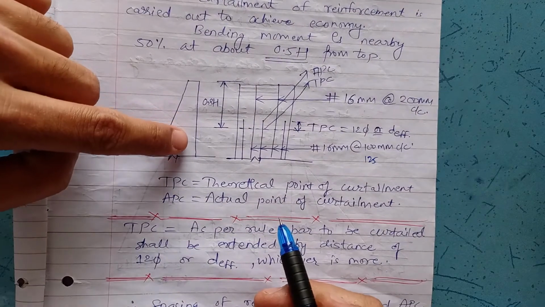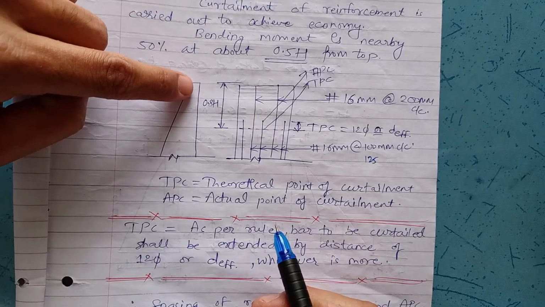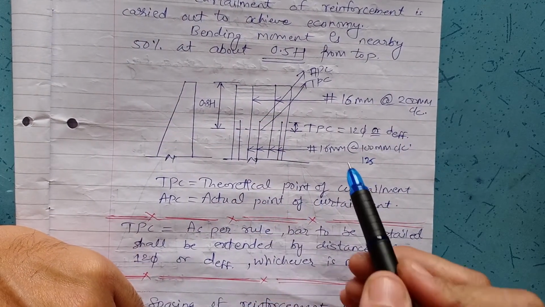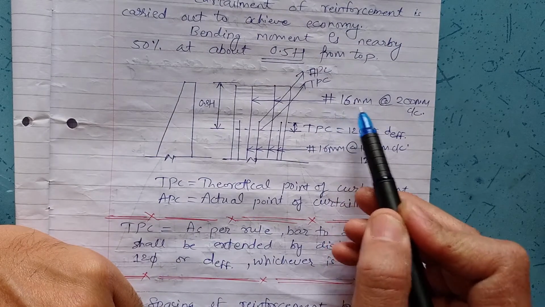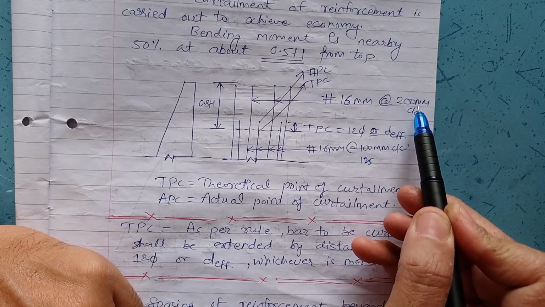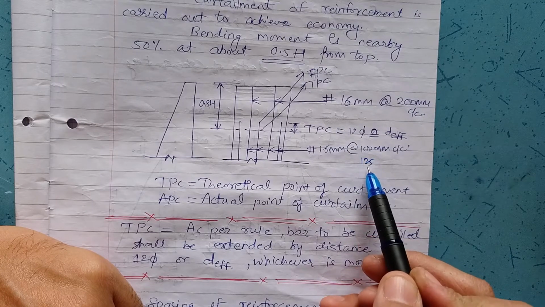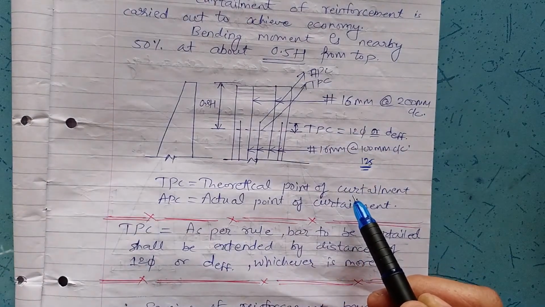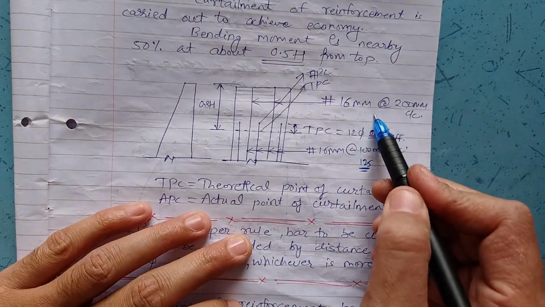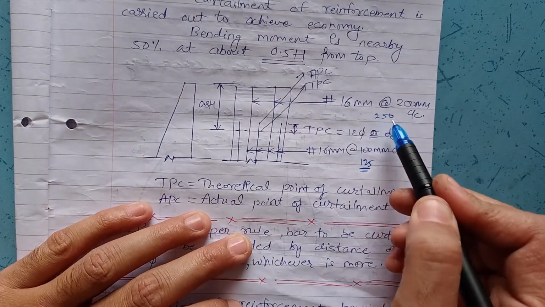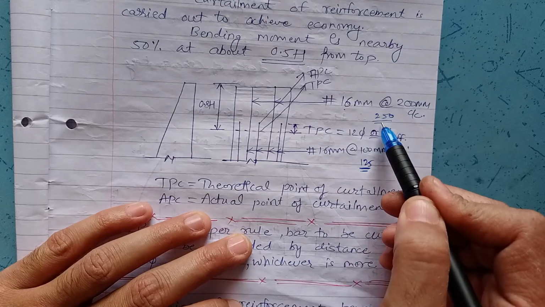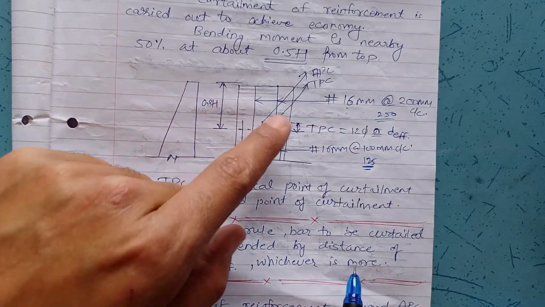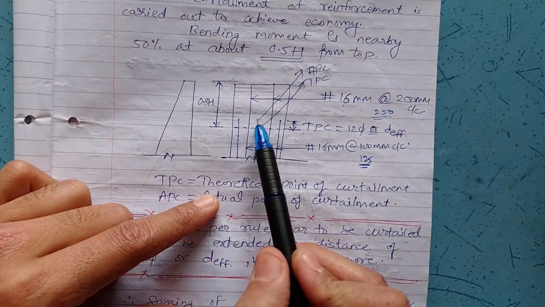Now, as moment decreases as we move far from the fixed end, curtailment should be provided. What curtailment have we provided? We have curtailed our reinforcement to 16 mm at 250 mm center to center. We have doubled this spacing. As in our design the spacing has come 125, we provide curtailment to 16 mm at 250 mm center to center, and above this height, alternate bars are cut down.